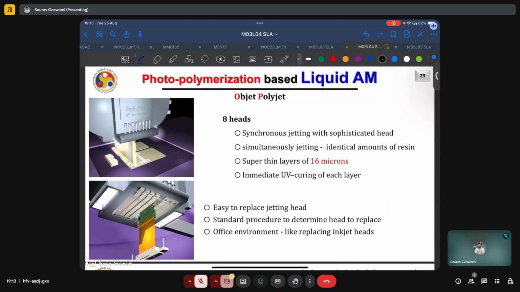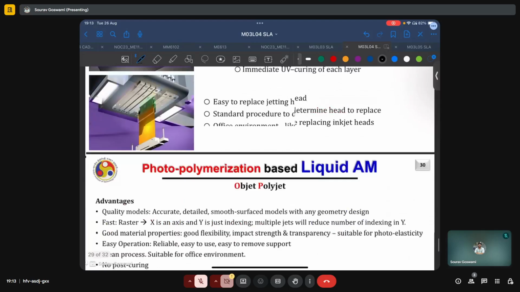Further, if any of the heads were to malfunction, it is very easy to replace the jetting head, for which a standard procedure is prescribed. The determination of which head is malfunctioning is also highly standardized. And just like inkjet printers, the object polyjet is very suitable for usage in office-like environments.